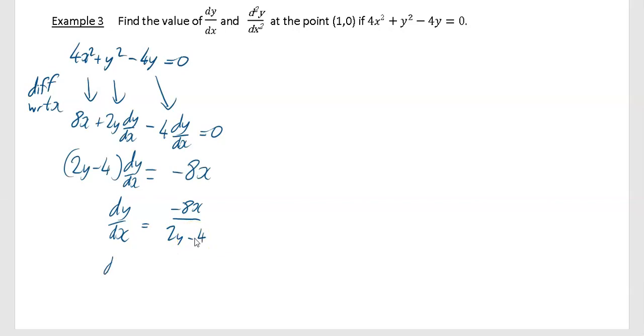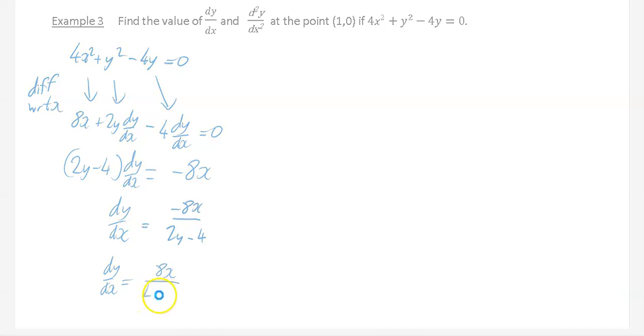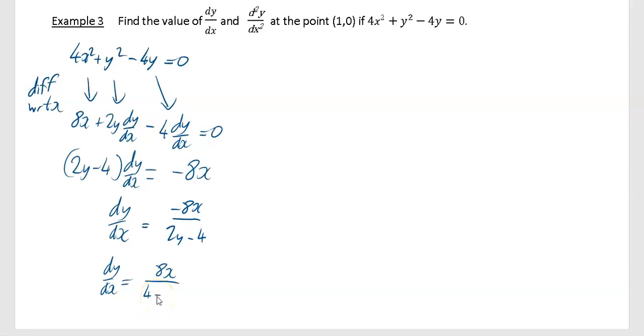Now we could write that a wee bit nicer. If you multiply through the top line by minus 1 and also the bottom line by minus 1, you will get 8x over 4 minus 2y. Another thing we could do is just divide through by 2 again and make it a wee bit easier to give you 4x over 2 minus y.